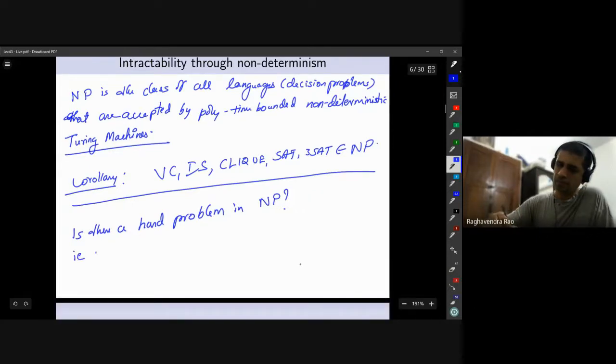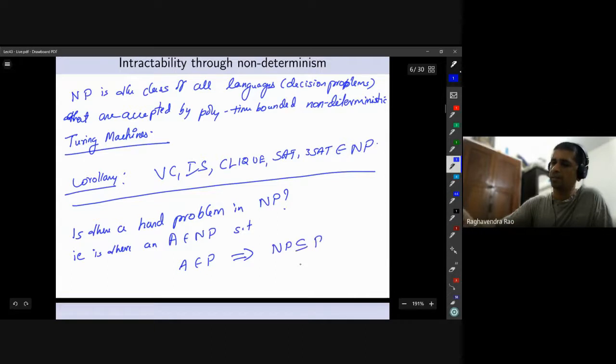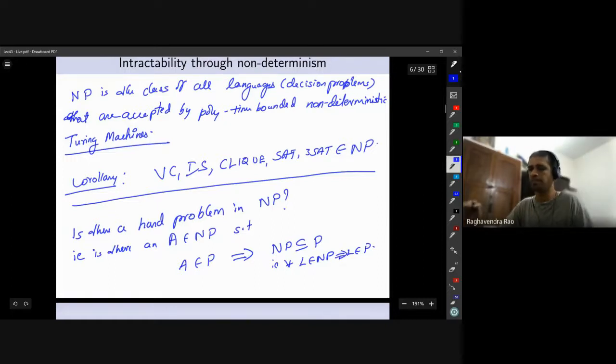That is, is there an A in NP such that A is in P implies the whole of NP is in P? That is, for all L in NP, L is in P. Okay.